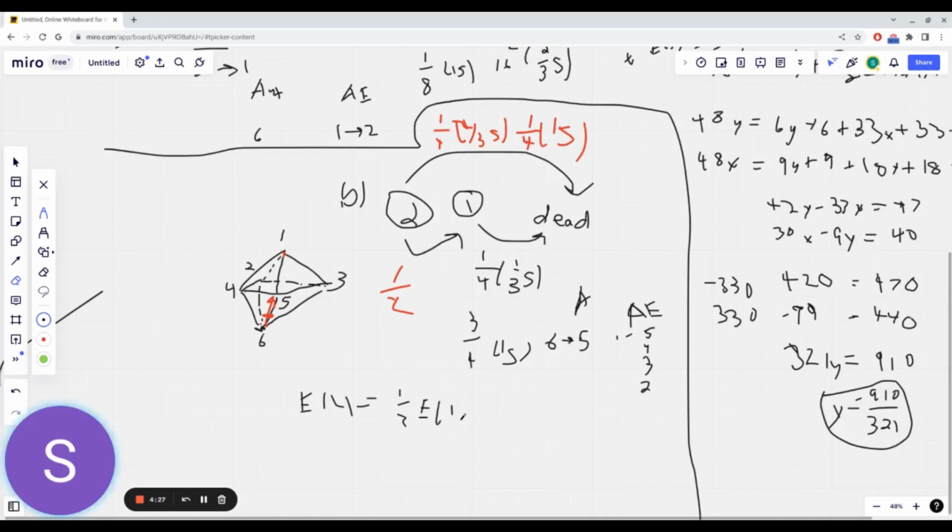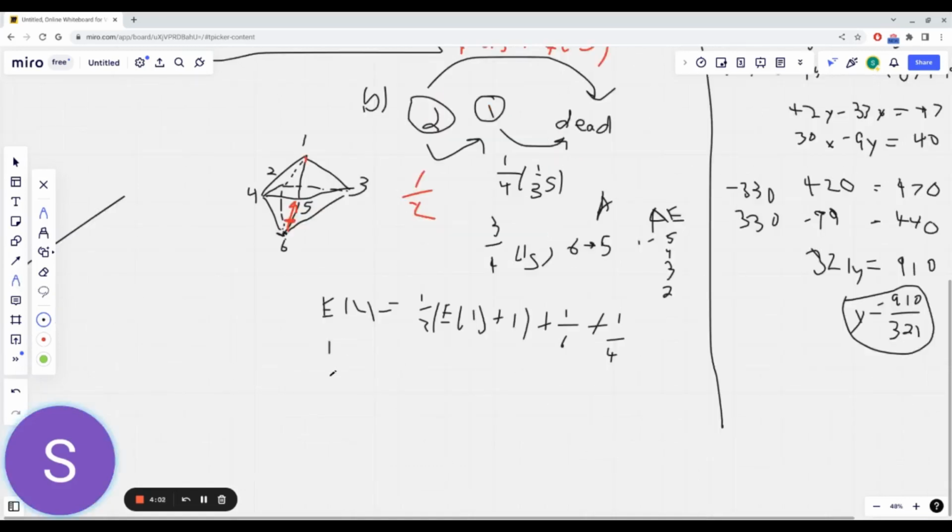Oh, 1/2 E1 plus 1. And then plus 1/4 times 2/3, which is 1/6, and then plus 1/4. And then E of 1.